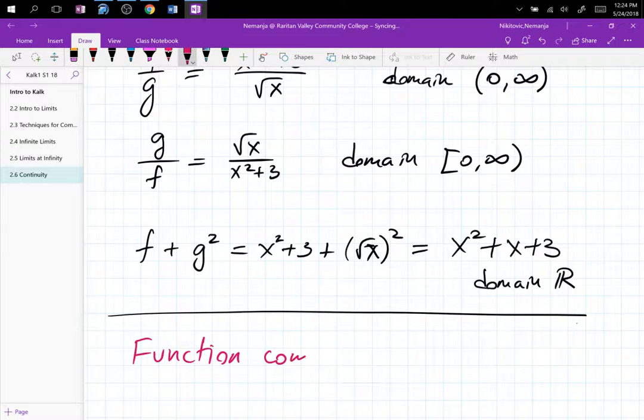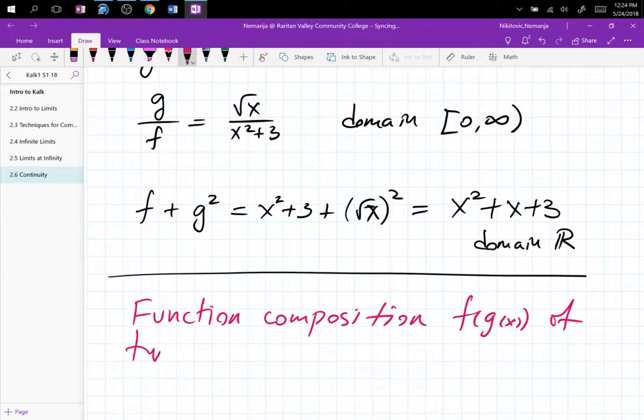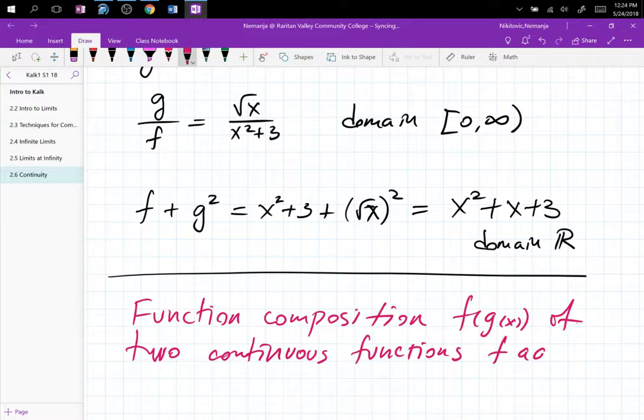Function composition, which is f of g of x, right, of two continuous functions, f and g, is continuous.